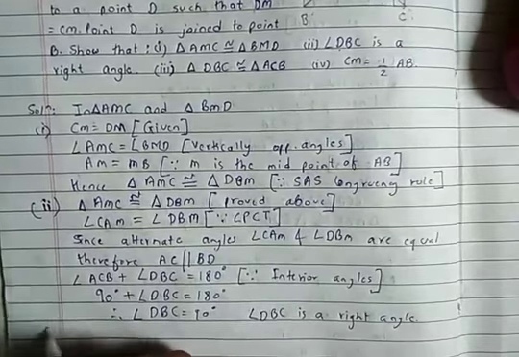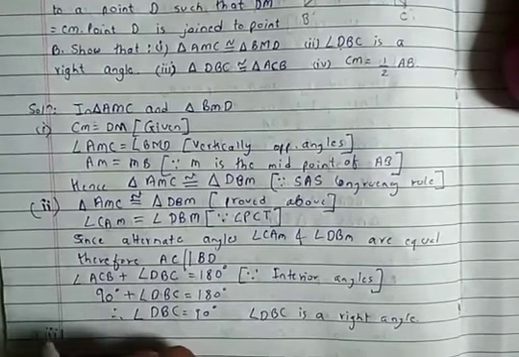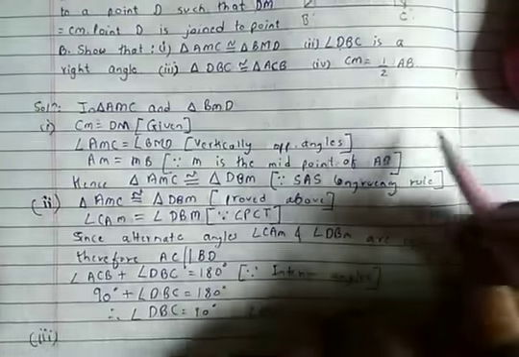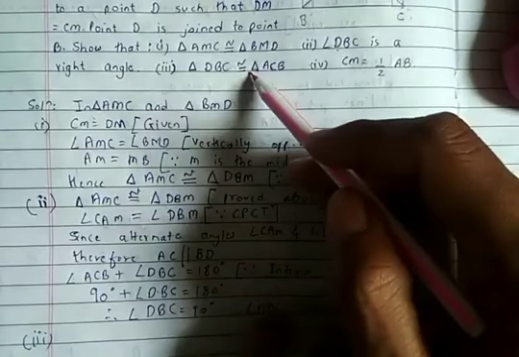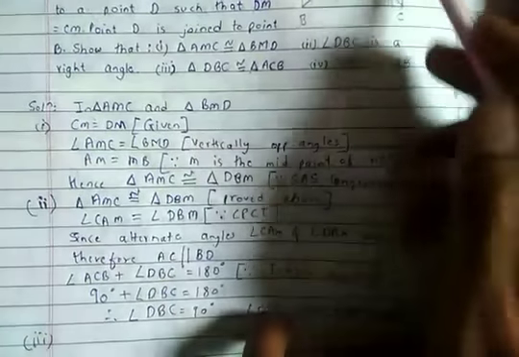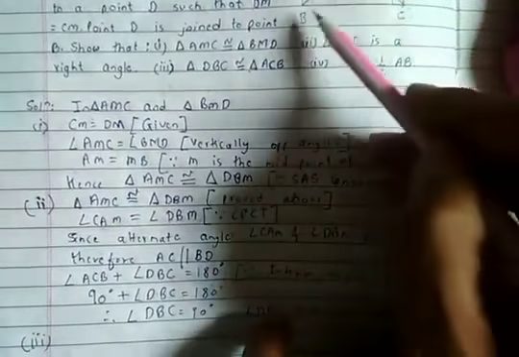Now let's prove part number 3. What is it asked to prove? Triangle DBC is congruent to triangle ACB. These both triangles are congruent to each other.